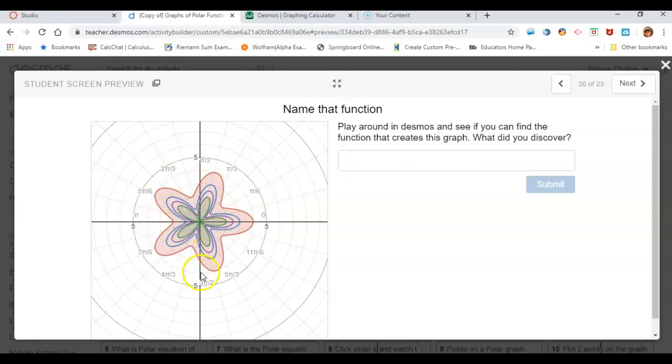What is happening? Why is this so fat? How come this doesn't go to the center? All right, so they're going to have to figure that out. And hopefully they'll note that this is a cosine graph that has a larger B value than the A.